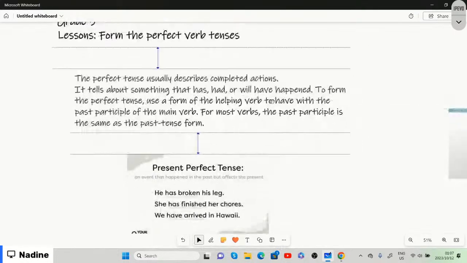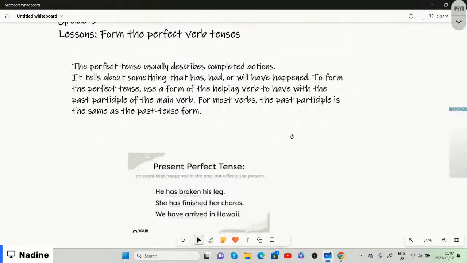So now we're going to start. We said the perfect tense usually describes a completed action, right? And it tells us about something that has, had, or will have happened.